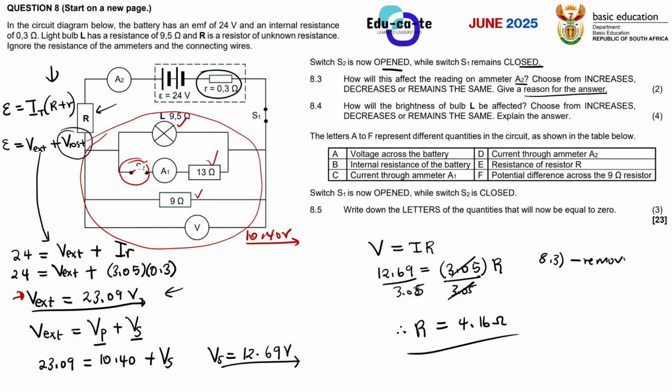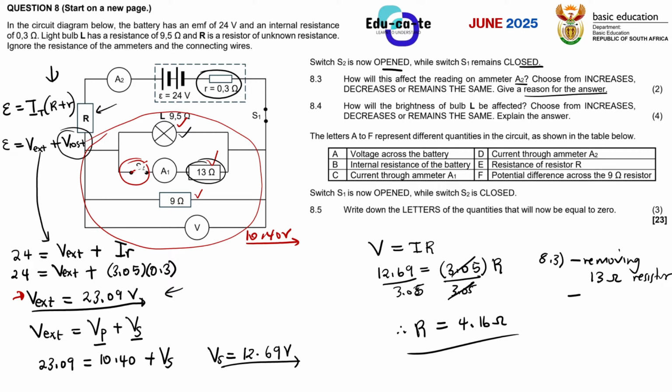So you explain that opening the switch S2 means you are removing the 18 ohms resistor. And what does this mean? Since the 18 ohms resistor is connected in parallel to this light bulb and this 9 ohms resistor, when you are removing a resistor from a parallel combination, the resistance increases.